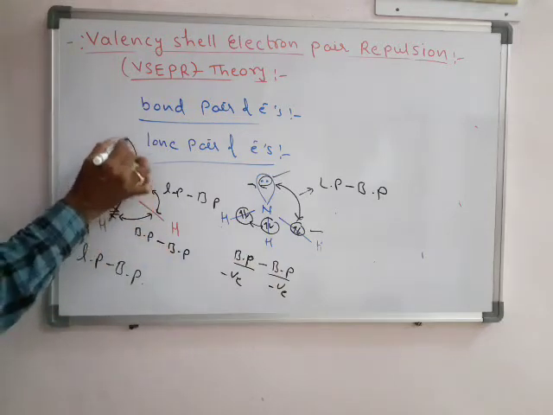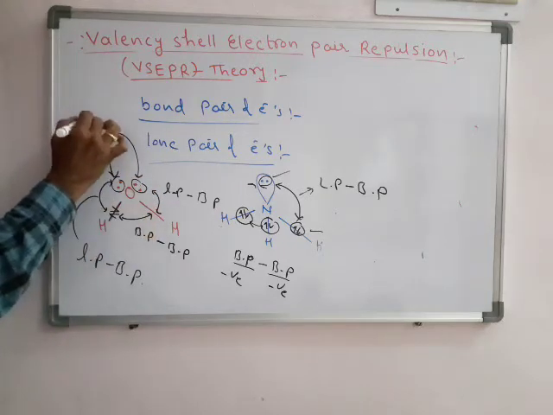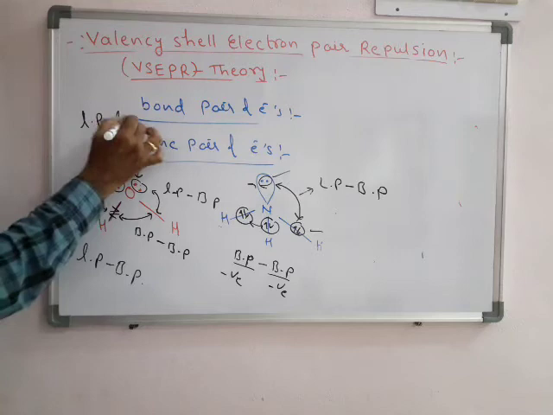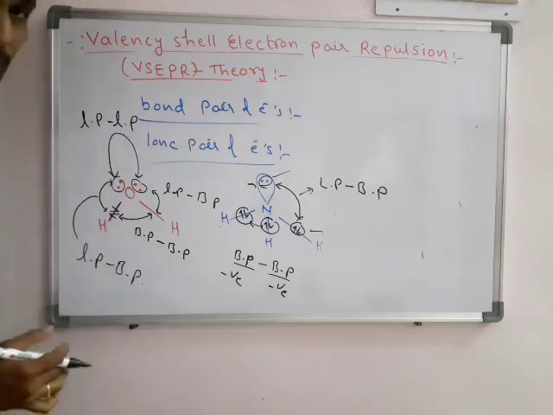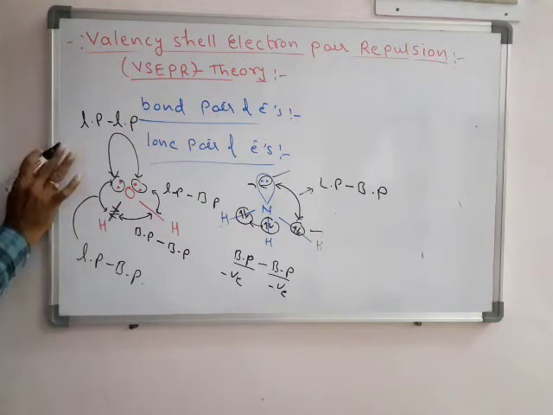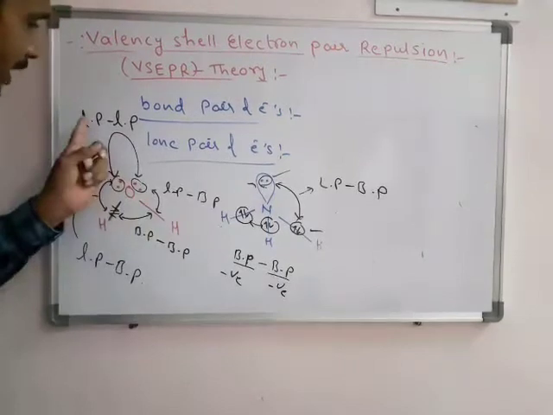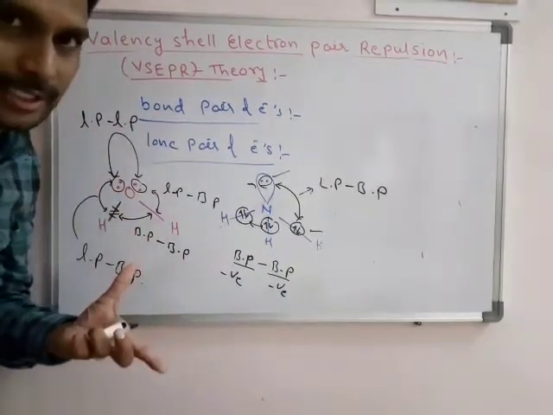Next there is also repulsion between the two lone pairs, which is treated as LP-LP repulsion. Lone pair electron repulsion is the highest repulsion compared to the earlier ones. With LP-LP, both are not under control.